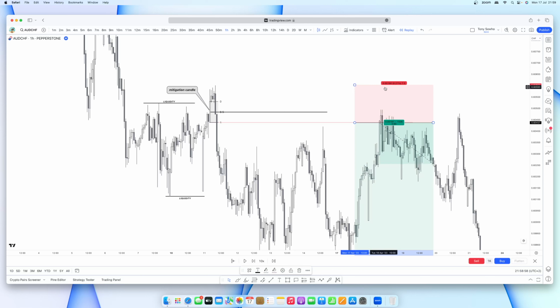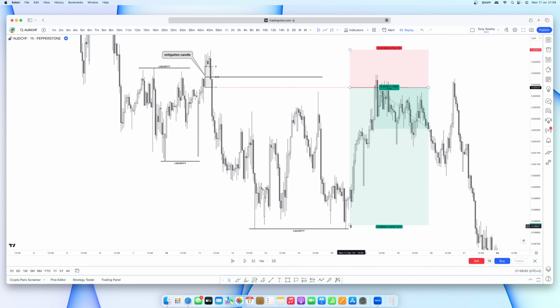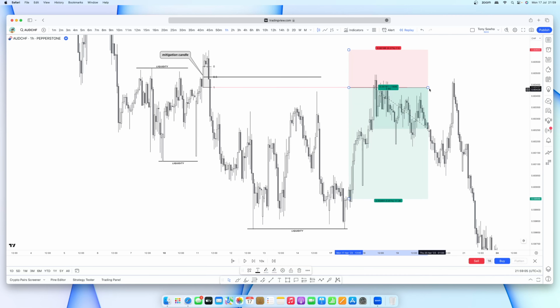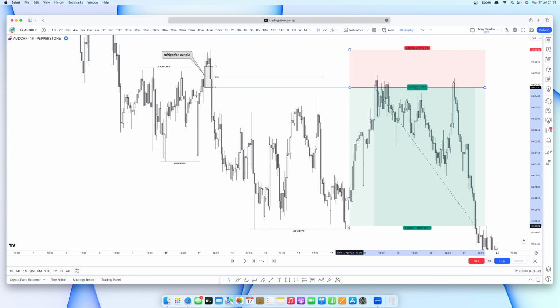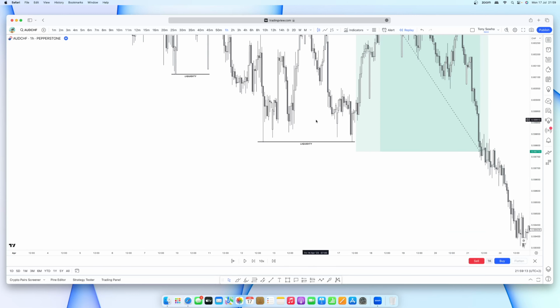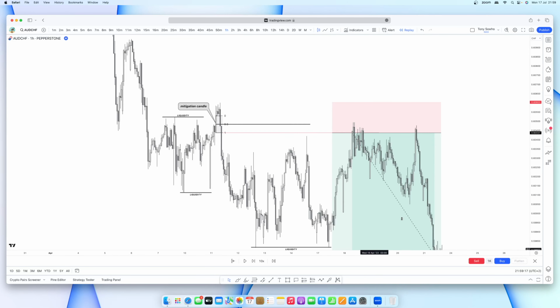So this is a 16 pip stop loss that is still fair enough. And then you can aim for 1 to 3, first TP, like I taught you, or external liquidity, which is down here, a 1 to 4. Or you could aim for imbalances. As you can see, this really moved all the way to the downside.